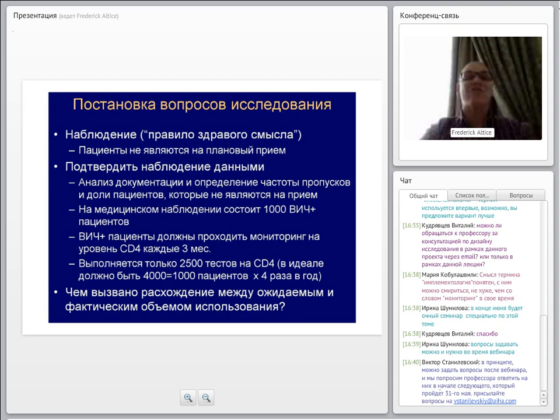Let's just assume that that's your national recommendation, but in most places in the world, that's pretty accurate. So if you did the simple math, if everybody shows up to clinic every 3 months and gets their CD4 count monitored, that should result in 4,000 CD4 tests or clinic visits.